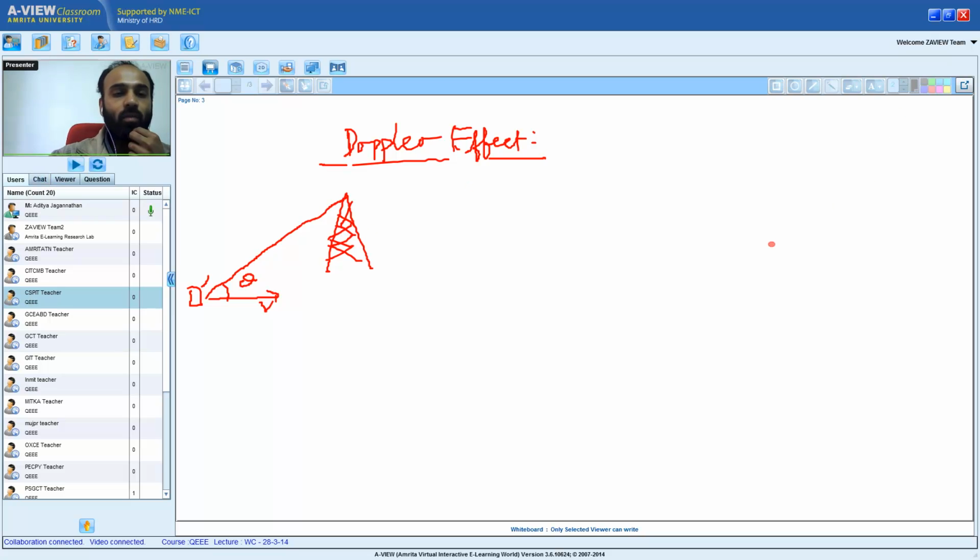So because the user is mobile, what is happening? Yeah, there is an apparent change. The Doppler effect is nothing but the change in the carrier frequency.